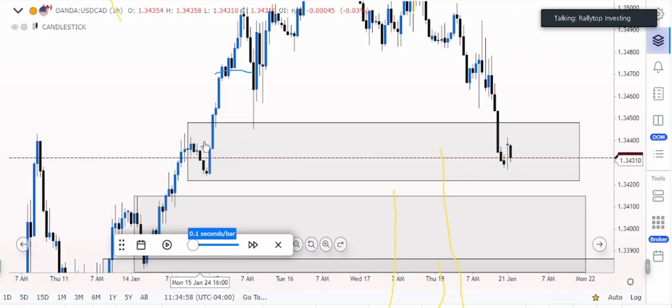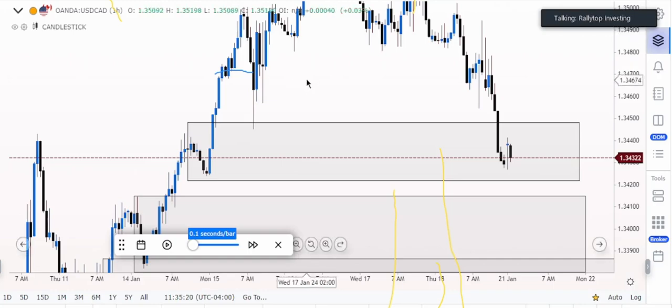This is the candle that took out the high of this order flow. But the next candle came back and mitigated this order flow before going higher. Can you see that?